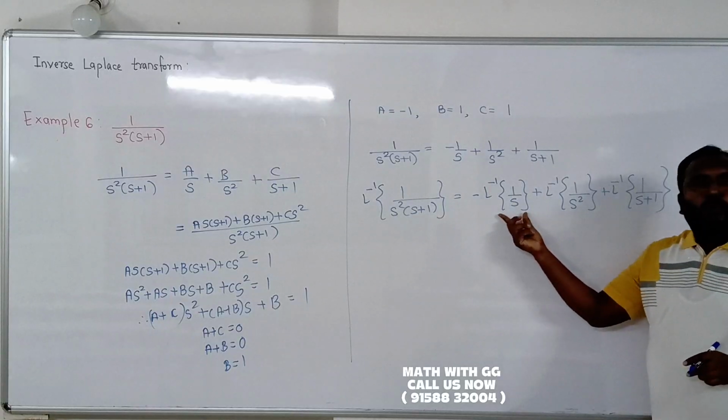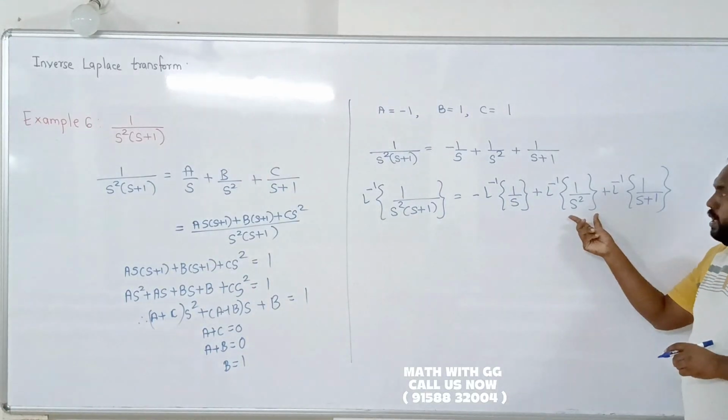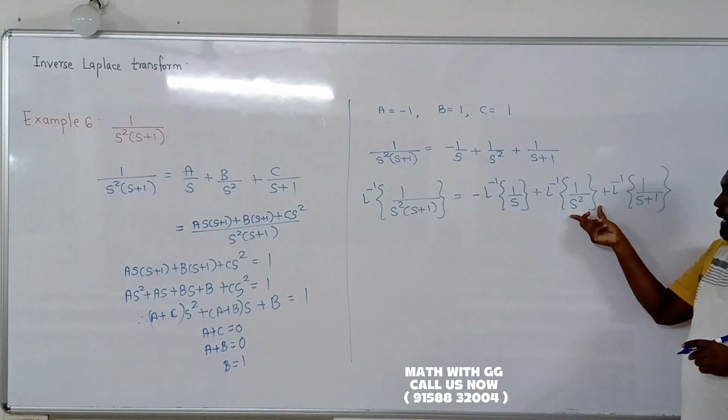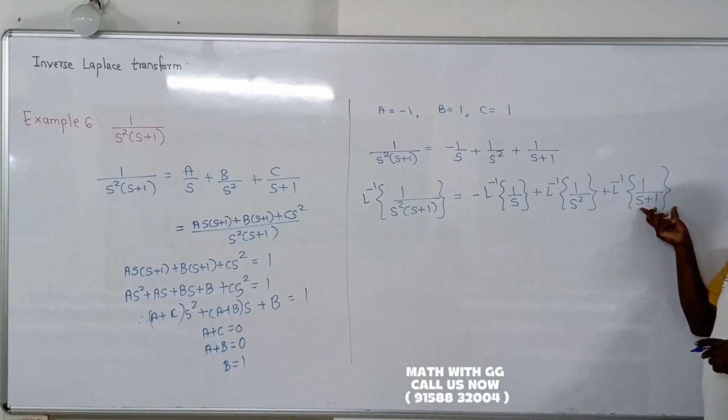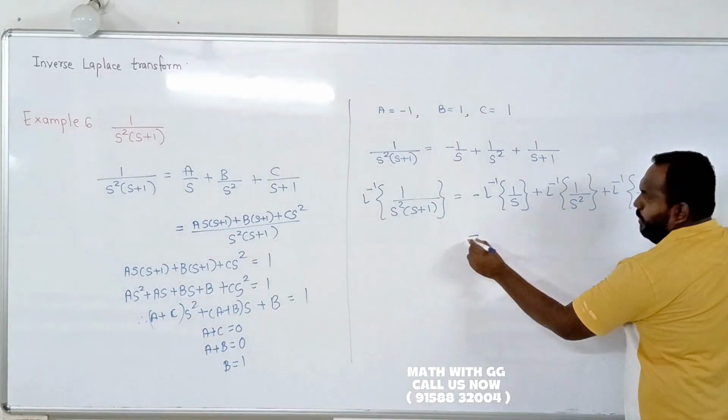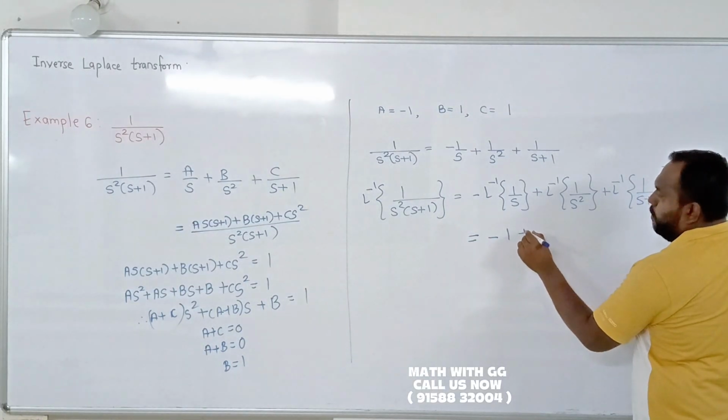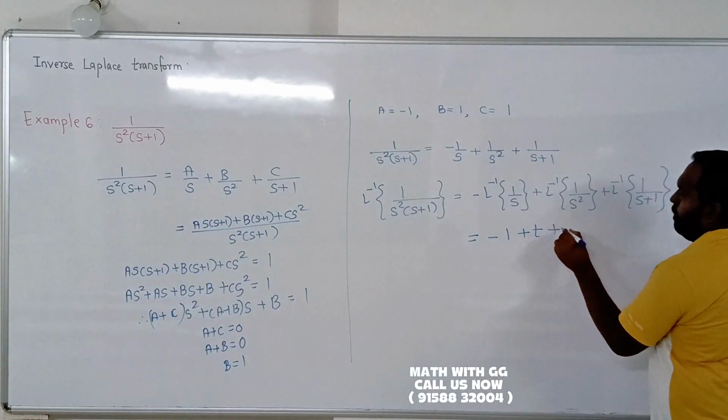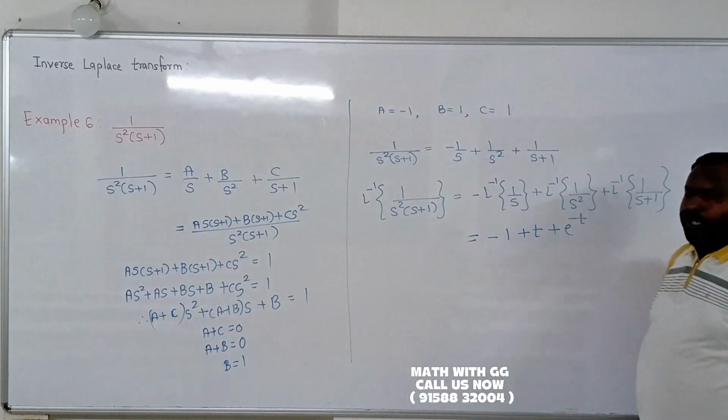Now, L inverse of 1 upon s is 1, L inverse of 1 upon s square is t, and L inverse of 1 upon (s plus 1) is e raised to minus t. Therefore, we get the answer minus 1 plus t plus e raised to minus t.